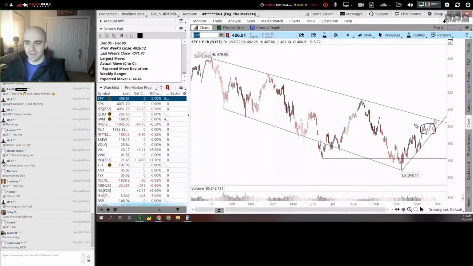As we broke that channel high, and even more importantly, as we're holding above the channel high, as far as this rally in the market, there's only one session of bearish positions that are still hanging in there, and that's Thursday. It's the spike high that we have on Thursday.